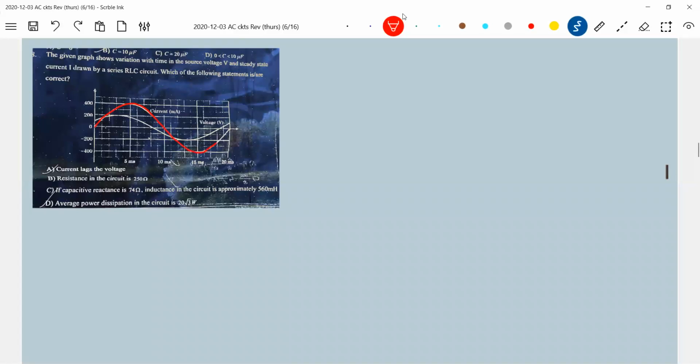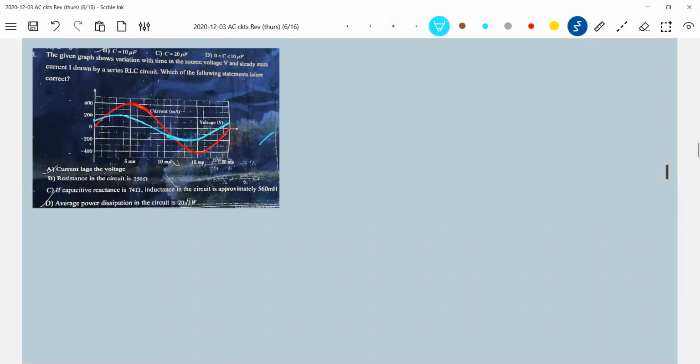Okay, there's a red color. Okay, take like this. The information he has given graphically, instead of giving the circuit, shows how the voltage and current are varying in a circuit.